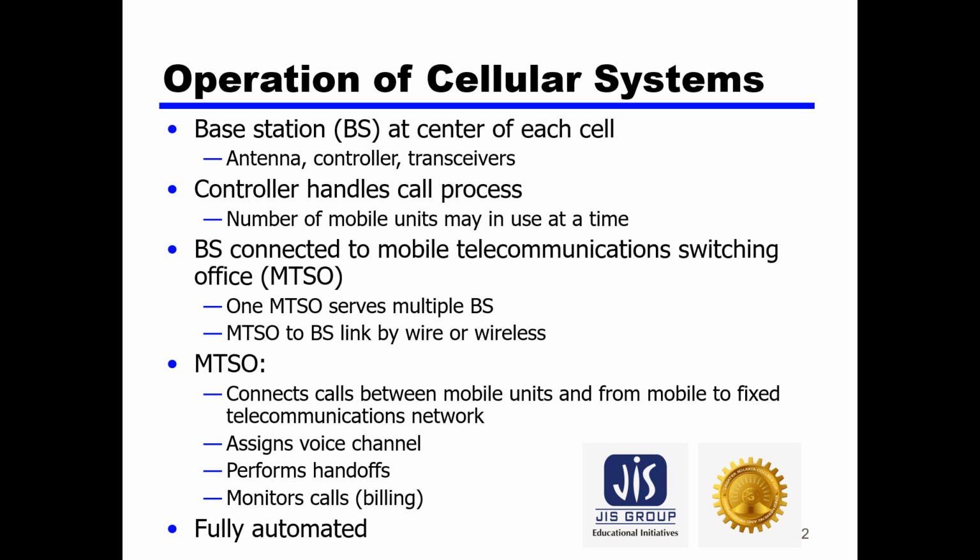Suppose a subscriber wants to connect to another subscriber, how will it be connected? The call is placed from the subscriber terminal, the subscriber's mobile, then the call is initiated and requests the base station, and the base station will provide the interconnectivity to the other subscriber if a channel is available.